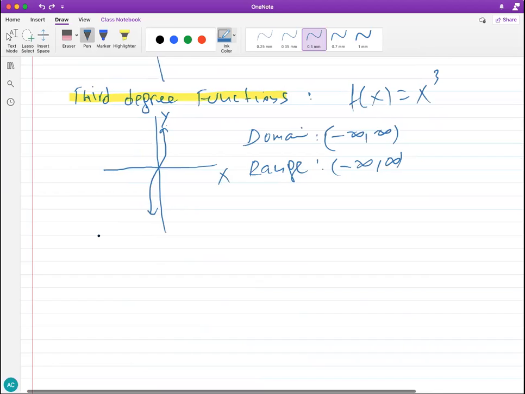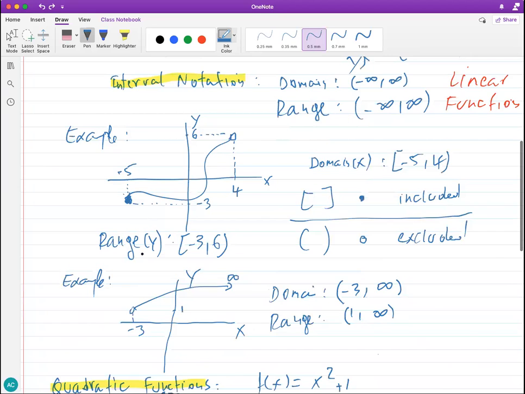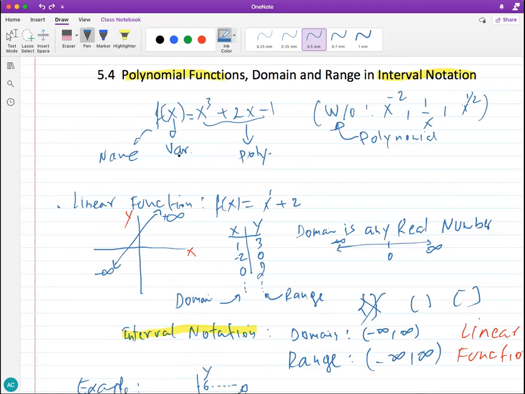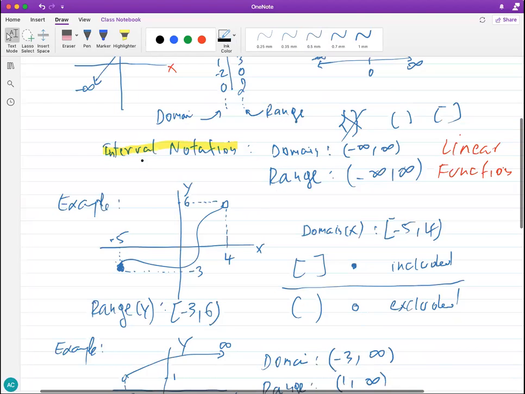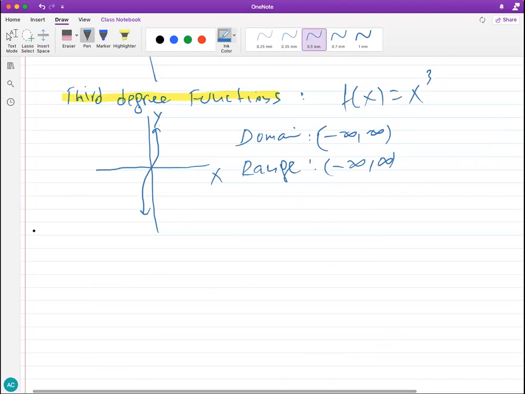So let's do that as number 2, because this was number 1, domain and range. We can do operations now with polynomial functions.